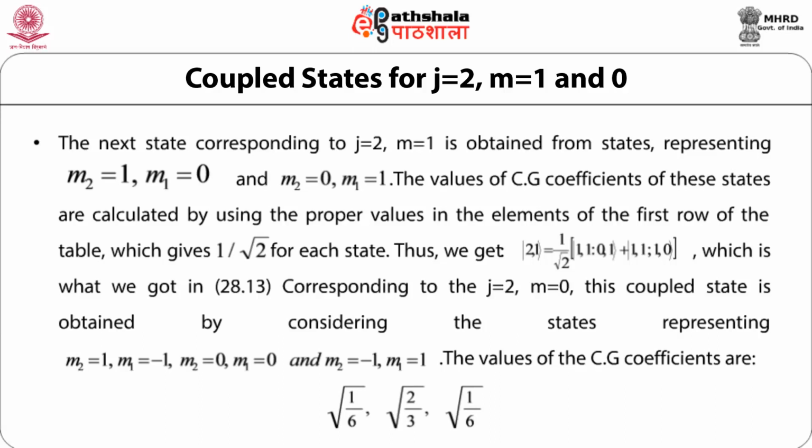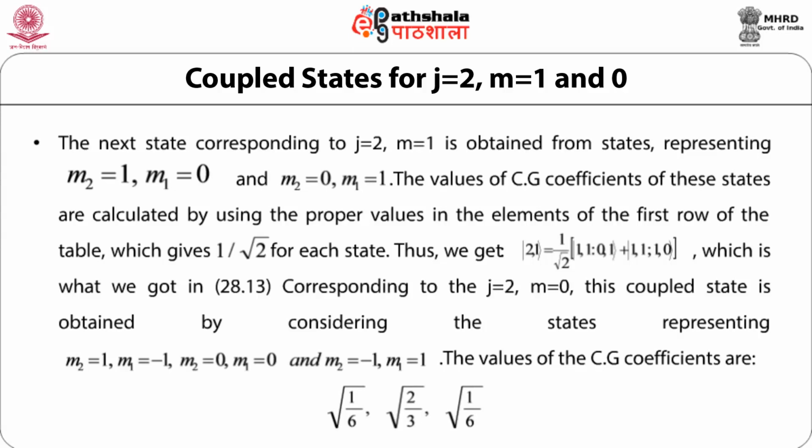Now the values of the Clebsch-Gordan coefficients of these states are calculated by using the proper values in the elements of the first row of the table, and if we put in these values, then we get the final value for the Clebsch-Gordan coefficient to be 1 by root 2 for each of the states, that is for m2 equal to 1 and m1 equal to 0, and also for the state m2 equal to 0 and m1 equal to 1.